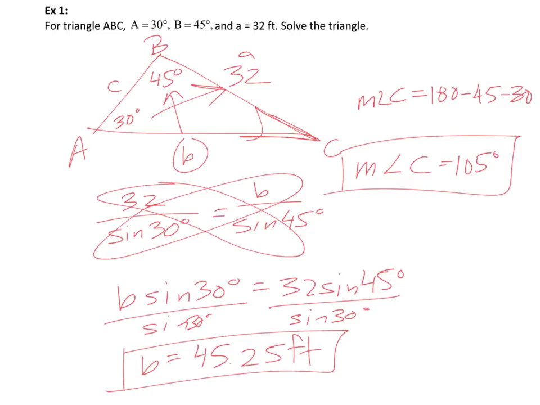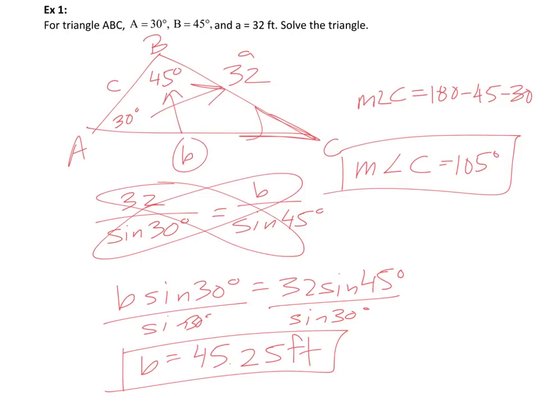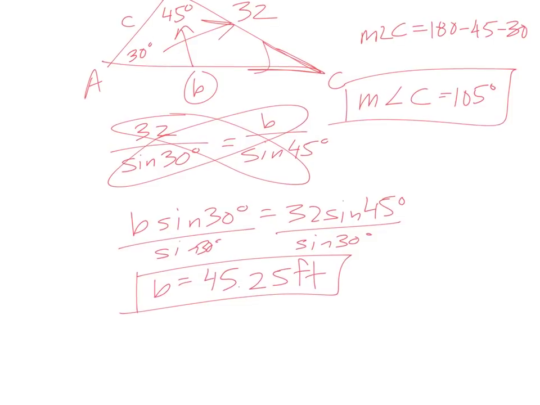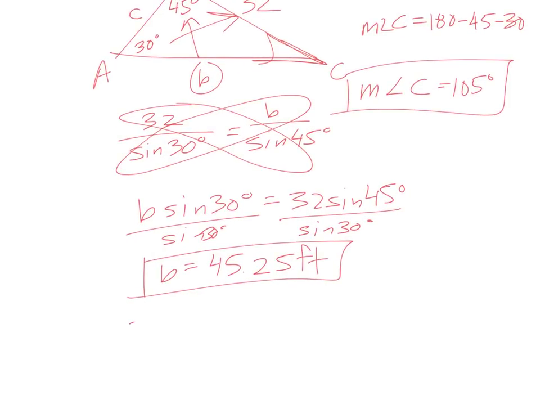Now we're going to figure out the third side length. I'm going to use the side length that I started with, 32 over sine of 30 degrees, is equal to c over the sine of 105 degrees.